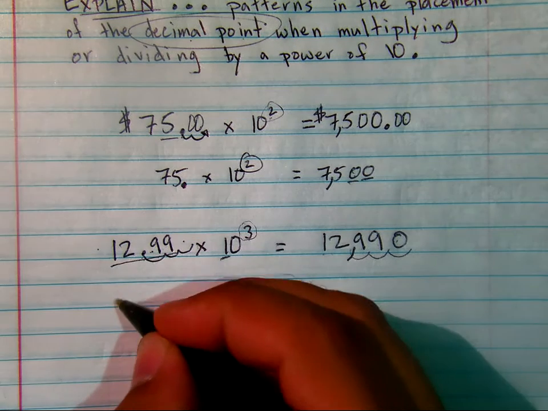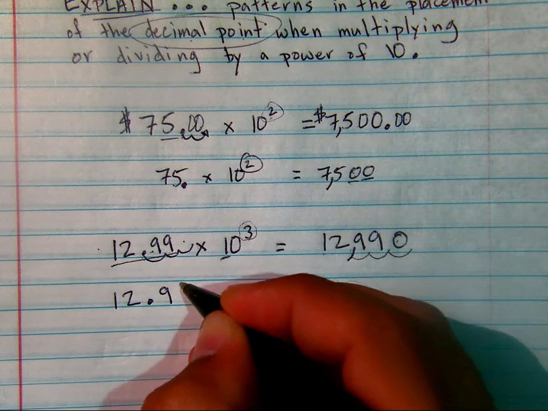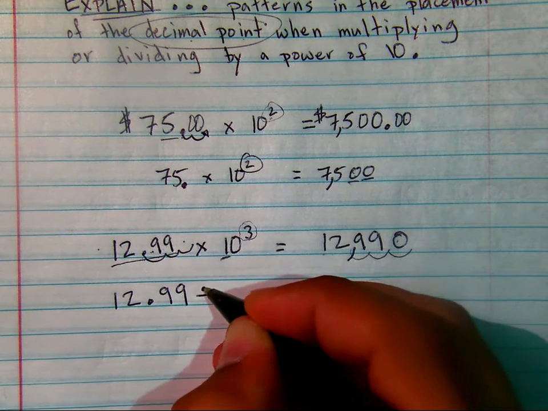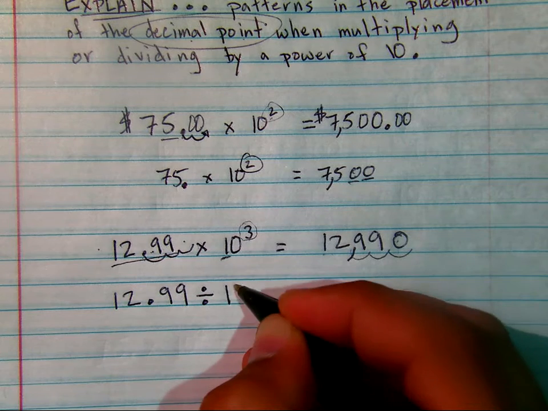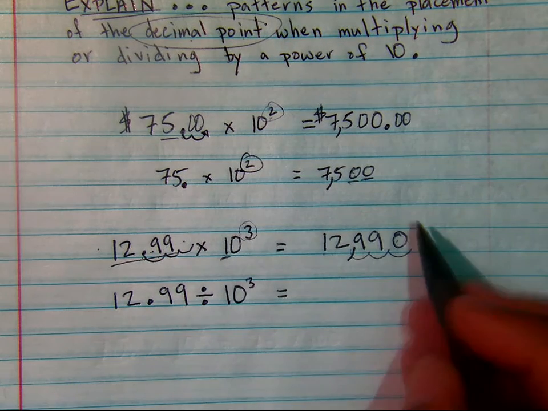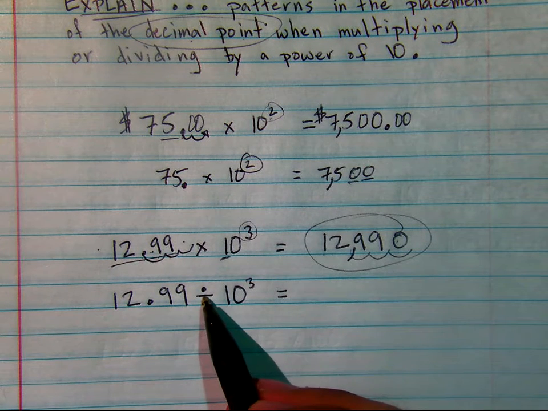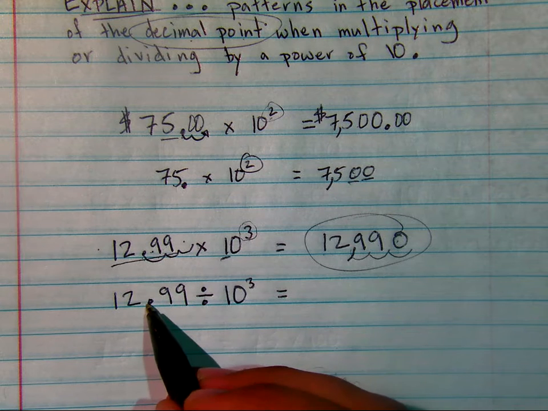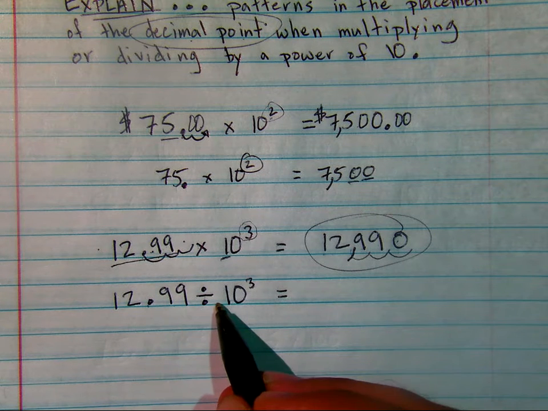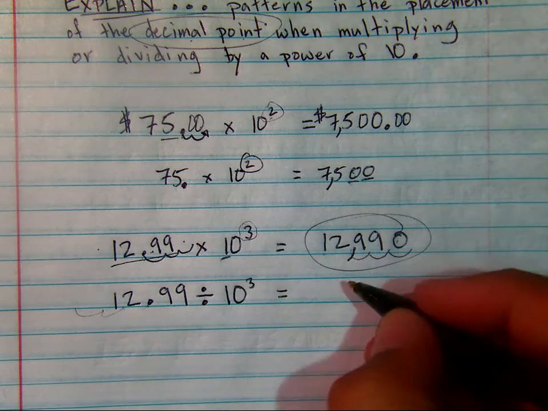Now once you accept that that's what's happening, we can look at dividing by that same power of 10. Except the number isn't going to get really big, it's actually going to get really small, which means that decimal point isn't going to move to the right, because that would make the number very big. Instead, it's going to move to the left 3 spots.